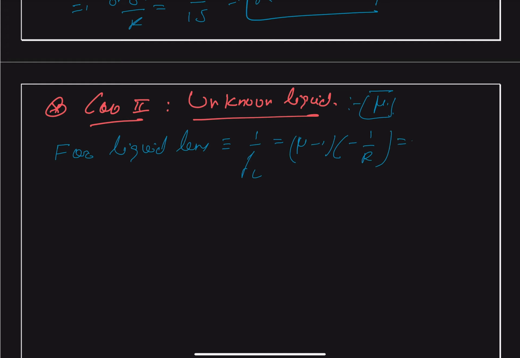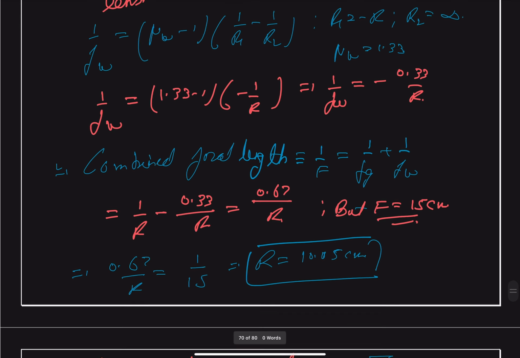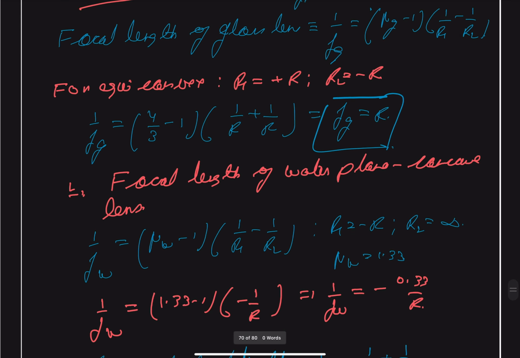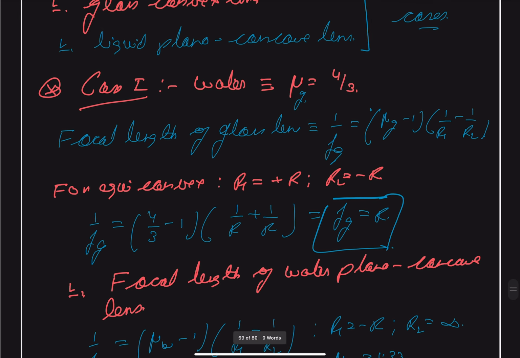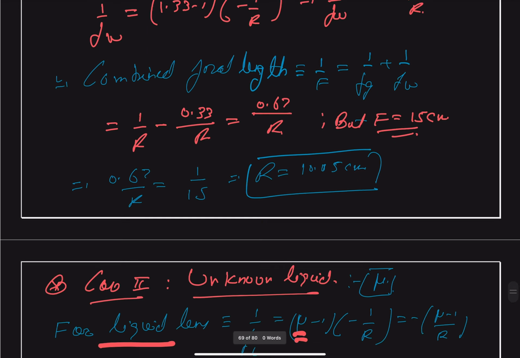So this comes as minus (mu minus 1) upon R. And for the combined, the only thing that is going to change is the liquid lens because its refractive index is different. For the glass, it will remain the same.